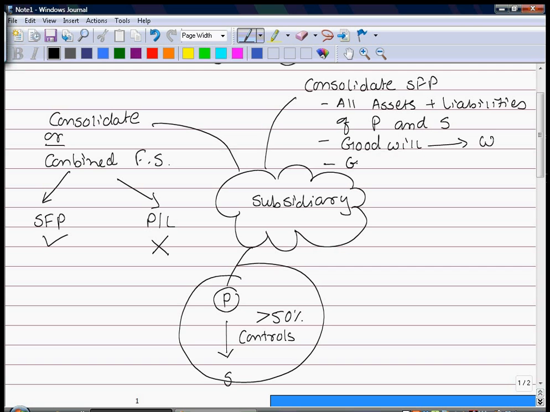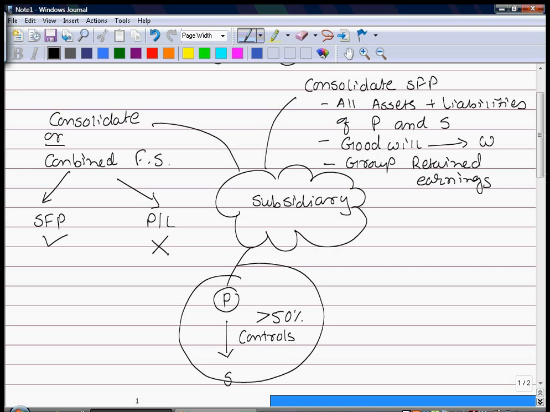Then we have group retained earnings as well. What this means is that once the subsidiary becomes part of the parent, whatever profit generated by subsidiary after the acquisition, after the purchase, will belong to the parent.